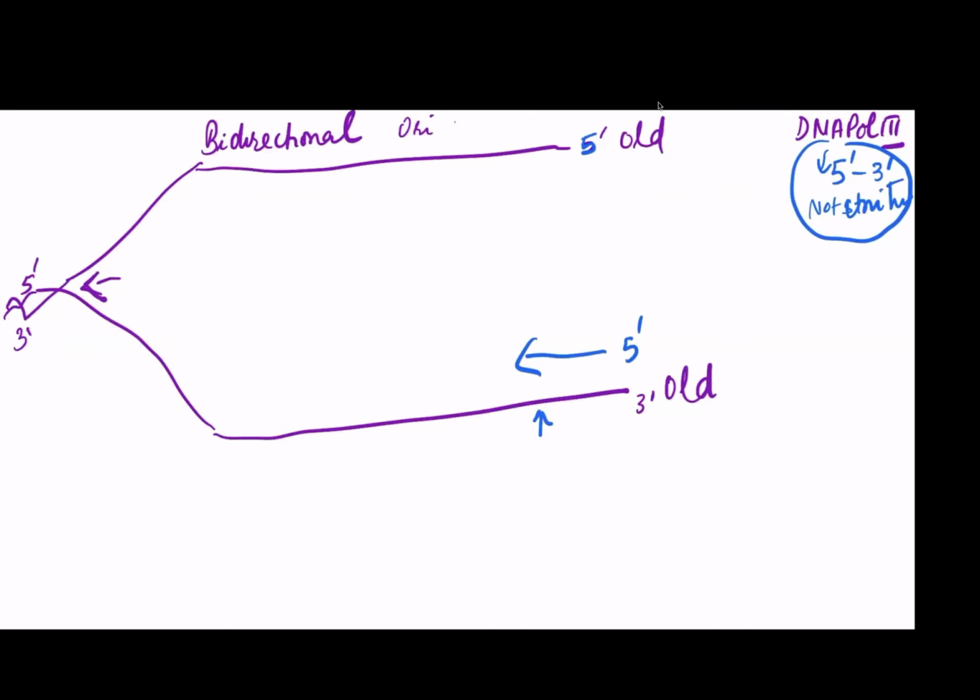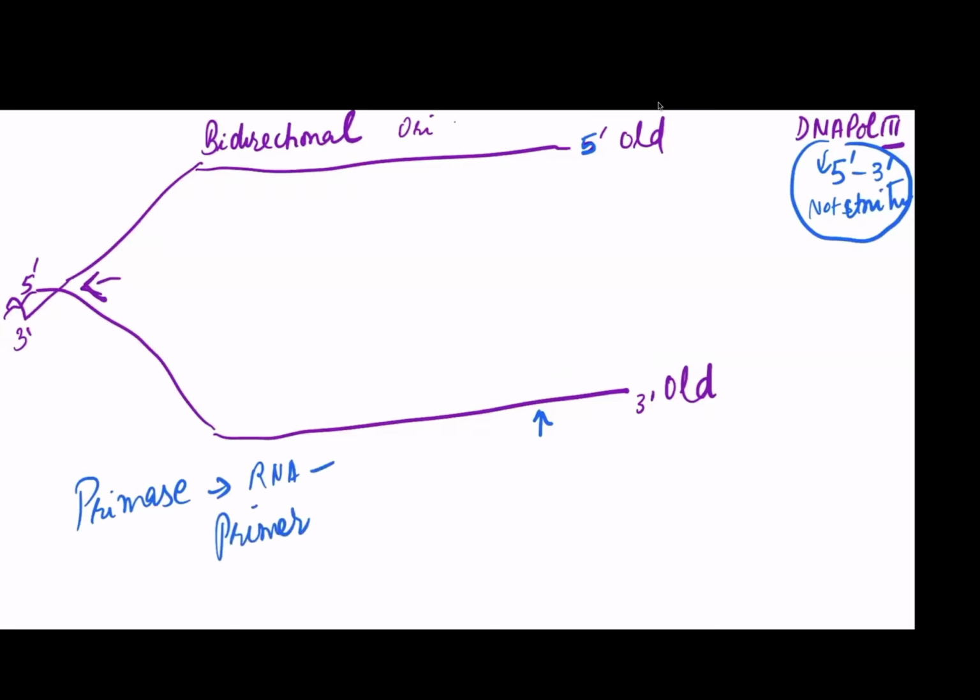So what else do they need? I cannot start. Let's say you have A here. Ideally, it should add T here in front of it, but it doesn't do that. There is one more complication here: they need a starter. We call it a primer. This enzyme, primase, makes this small RNA molecule. We call it a primer.